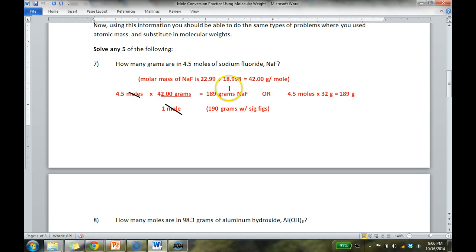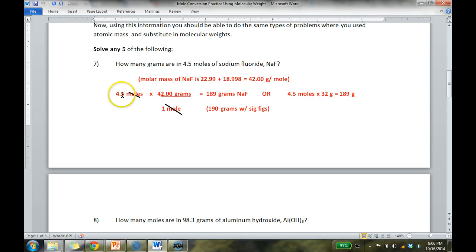We have tens, ones place, tenths, hundredths, thousandths place. And even though we have the thousandths place here, we're still limited by the hundredths place over here. So that means our answer can only go to the hundredths place. So I'm going to use the 42.00 grams per mole as my molar mass for sodium fluoride.